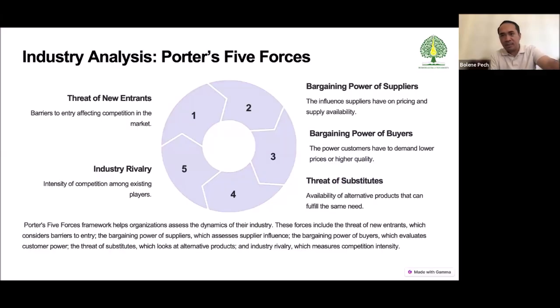Rather than have a competitor, I do more collaboration. I ask them to go to the market and run the product and services together. And also the threats of substitutes and the bargaining power of suppliers. We also do the analysis on the consumer side, what they need, what they think.